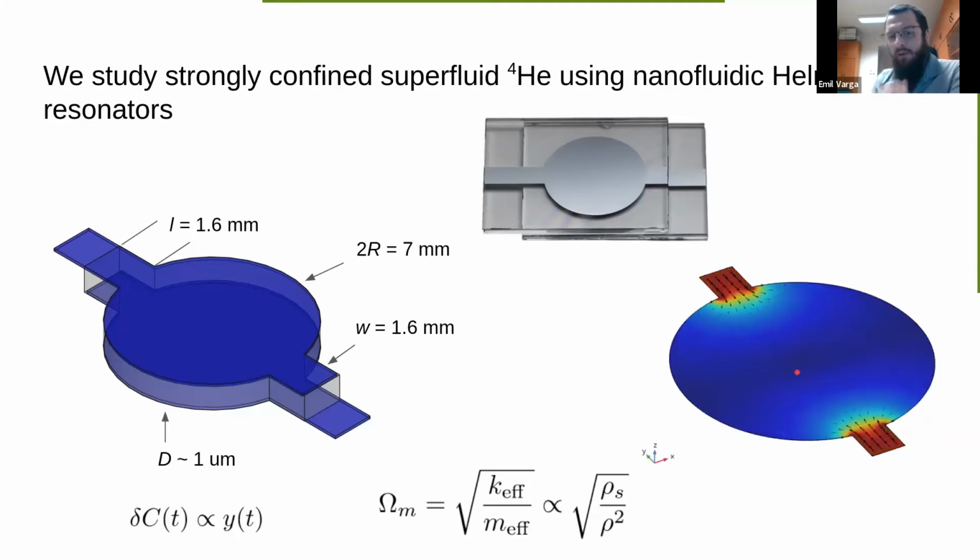K effective is due to what happens here, but the vortices will exist where the flow is. It's a very interesting question, but I suspect that the vortices inside the basin are there mostly due to pinning because of the cooling of the device, because of the transition through the superfluid transition, and are not affected much by the turbulence. But I'm not sure, and I think it's a very interesting question.